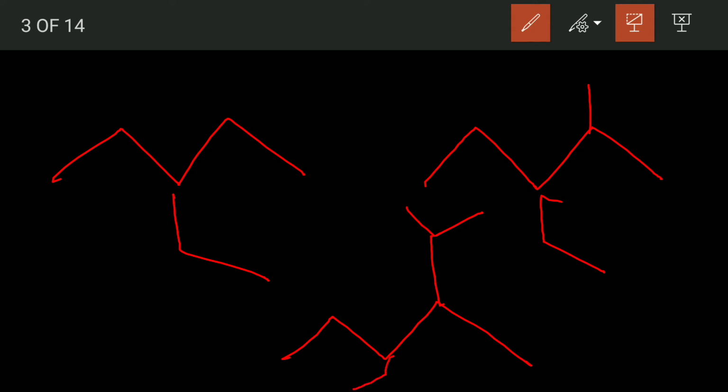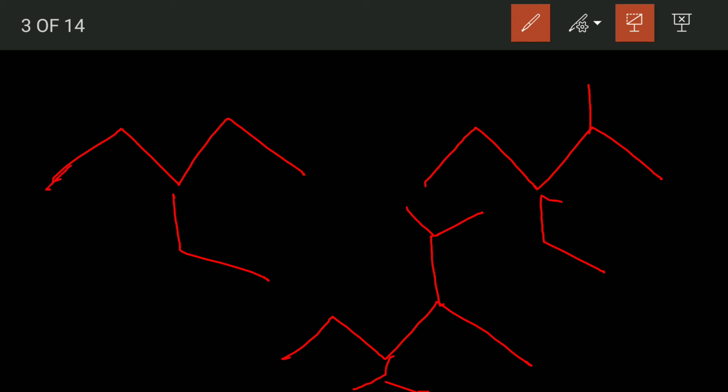Some people think that the horizontal chain is the parent chain. No, that's wrong. The longest chain is known as the parent chain. Now, I have these three cases. Tell me the parent chain in the first one.